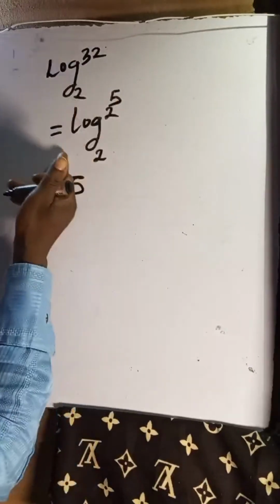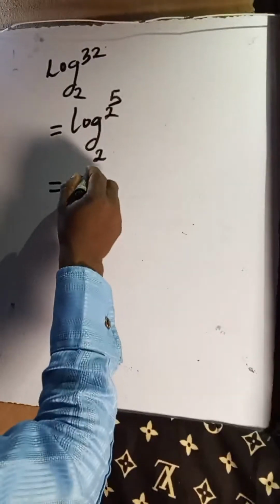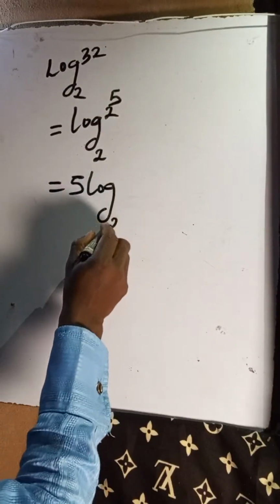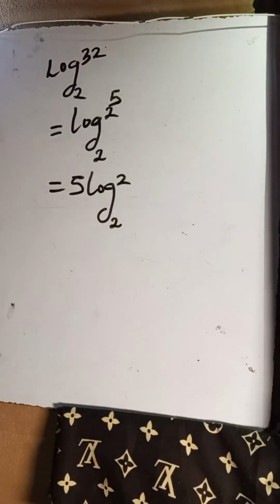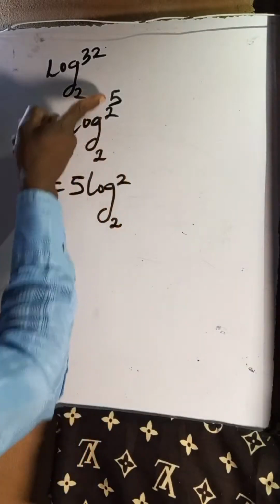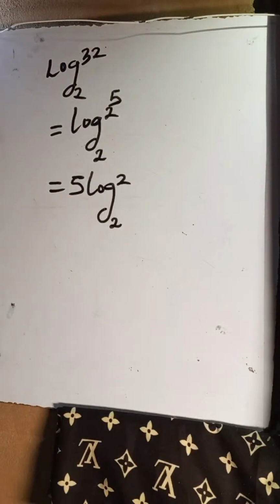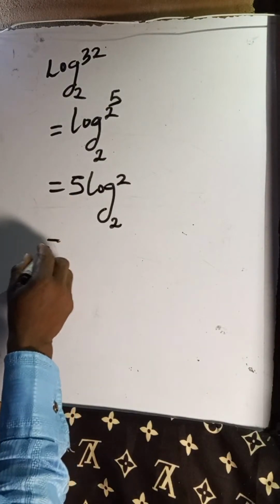It's like using the 5 to multiply the logarithm. So the 5 is gone from here, it's now behind the logarithm.